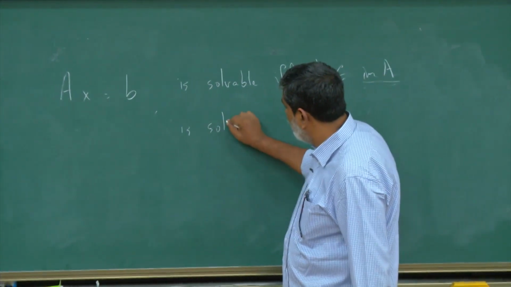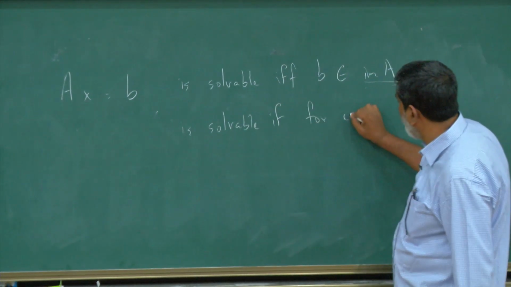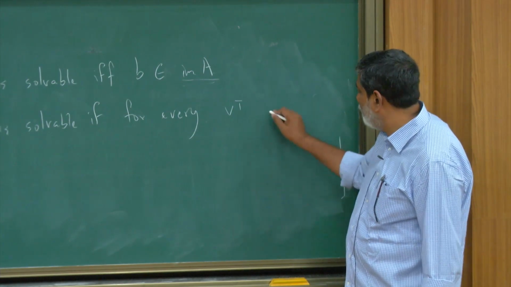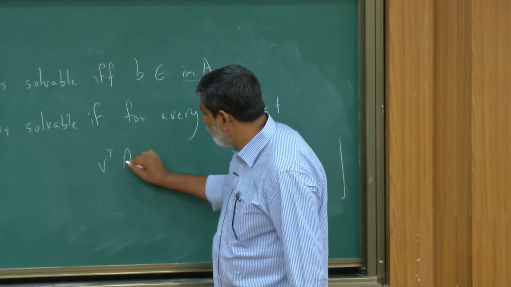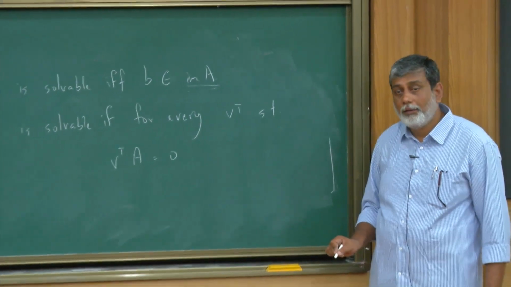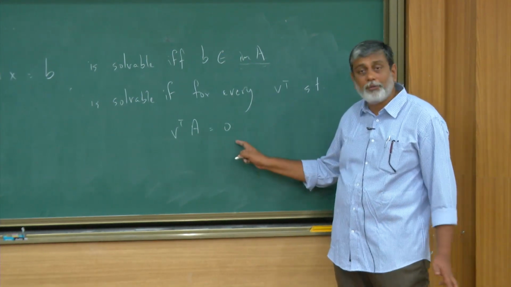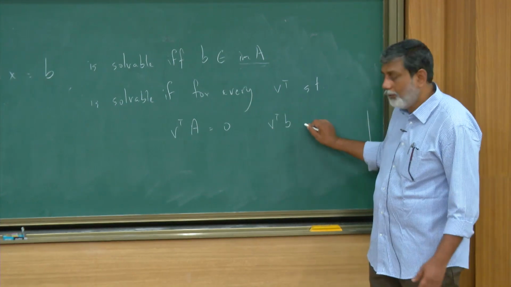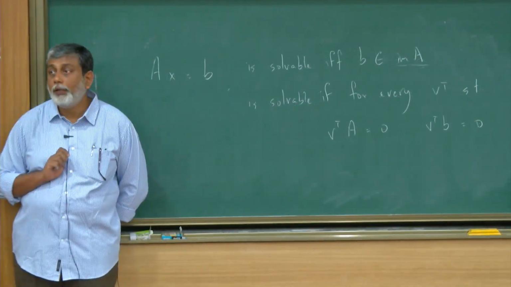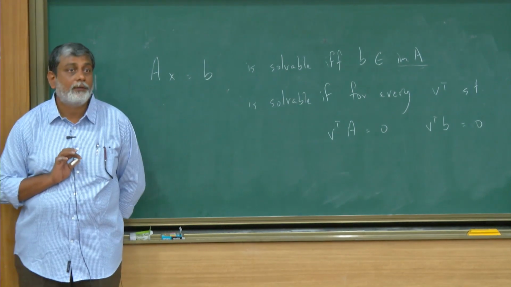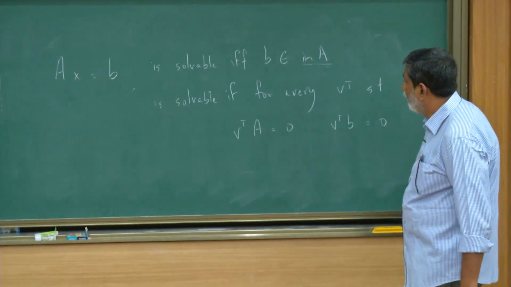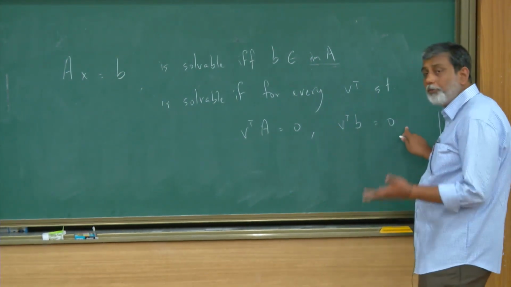This is solvable if for every V transpose, let me call it V transpose, such that V transpose A equal to 0, V transpose B should be 0.